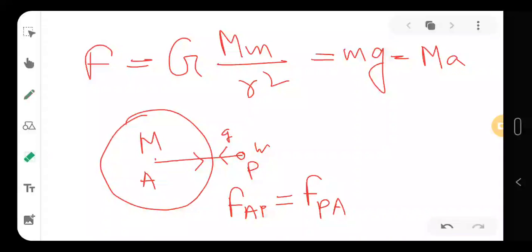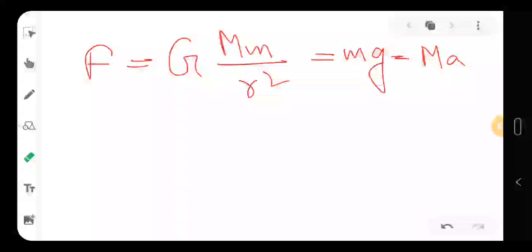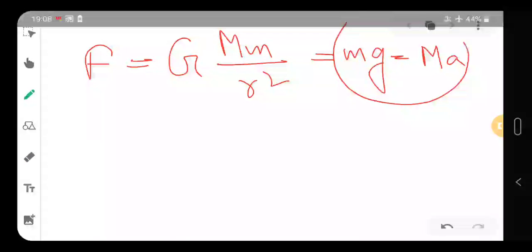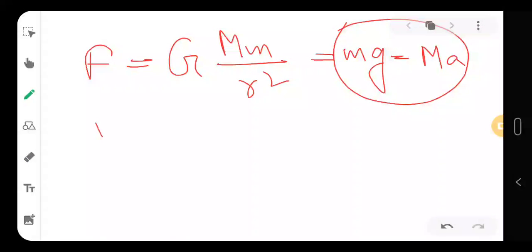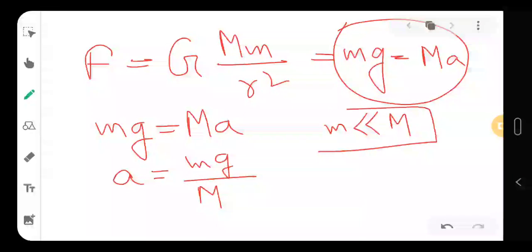Now, if I just remove this part, you can easily see these two portions. So I can write mg is equal to MA. So the acceleration of earth is mg by big M. Now we know that the mass of earth is very, very big compared to the object, so small m is very, very small compared to big M. As a result, this ratio is very small.